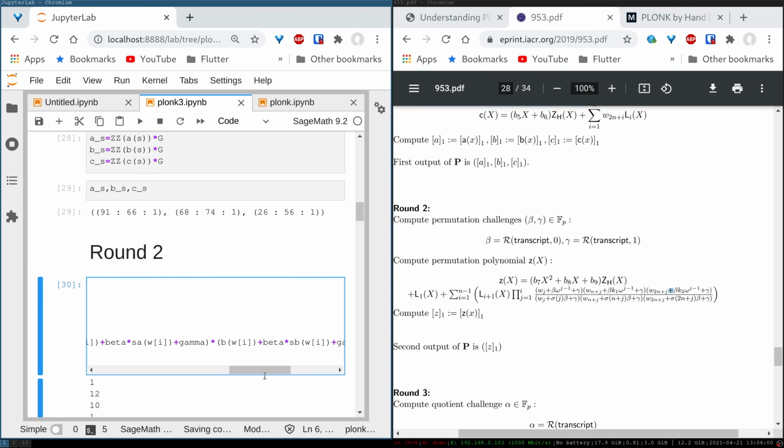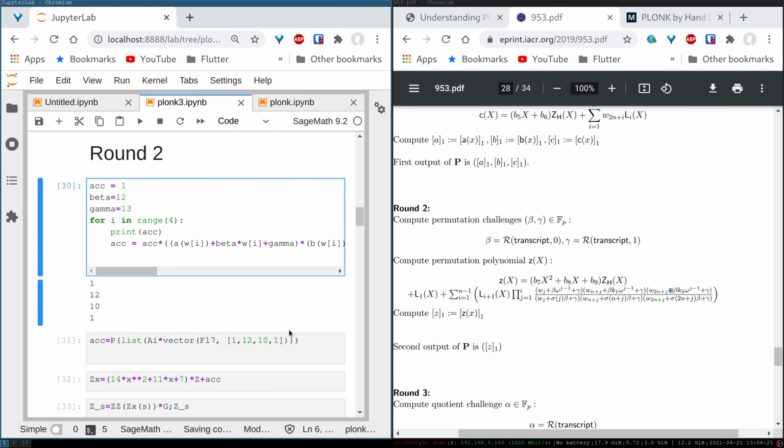The beta is reversed, but same thing, plus gamma, plus C of Wi plus SC times beta plus gamma. Because of the way sigma was calculated by the permutation, lots of terms cancel out.